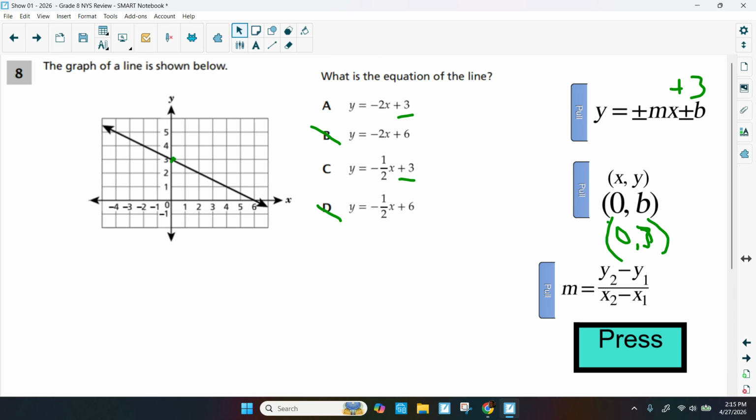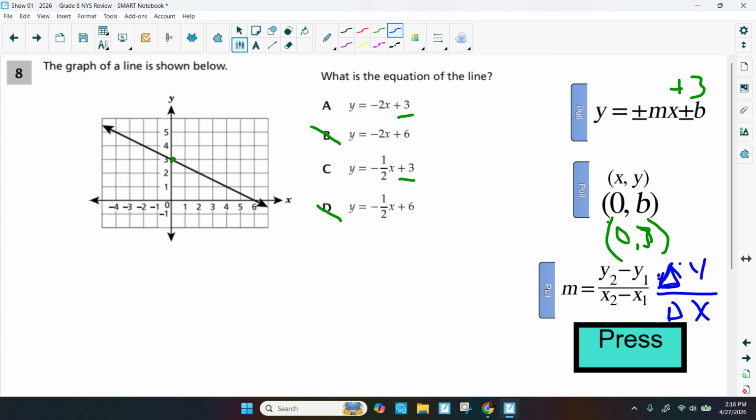Well, I'm not going to do that because I'm not given any coordinates per se, but I am given something that hopefully your teacher mentioned to you, because when you find the slope, it's the difference between the y value over the x value, and we say delta y over delta x, the change in y value over the change in x value.